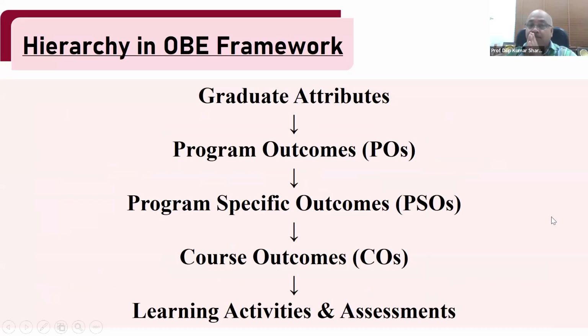At the top you have graduate attributes, defined as per the Washington Accord, and NBA is aligned with the Washington Accord. Then we have the program outcomes, and these are going to have measurement. You can measure them. Then we have the program specific outcomes. This is specific for a program, all disciplines. Then we have the course outcome. We will discuss that. And after that we have the learning activities and assessment.